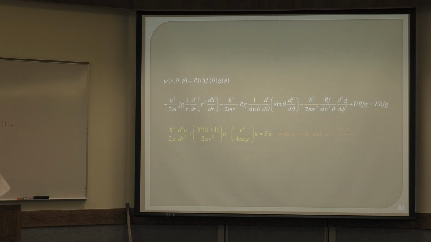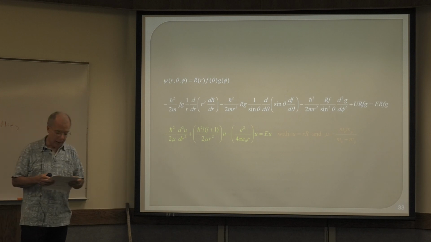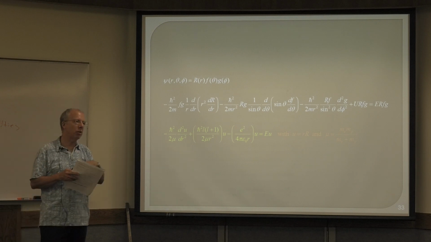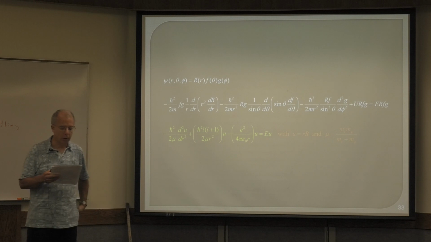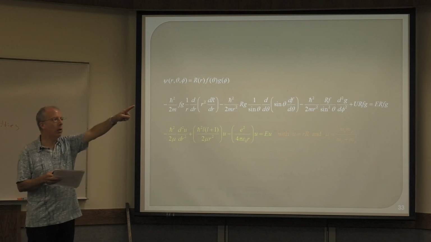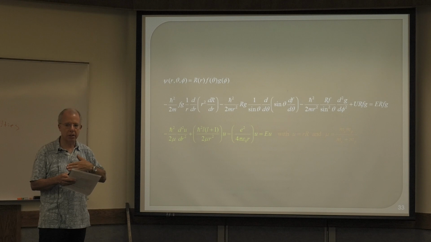All right. Now, let's just say we want to calculate the probability of finding the electron at a certain value of r. So we're talking about just the radial wave functions and the radial probabilities. In other words, all we want to know is how the probability varies as a function of the distance from the nucleus.